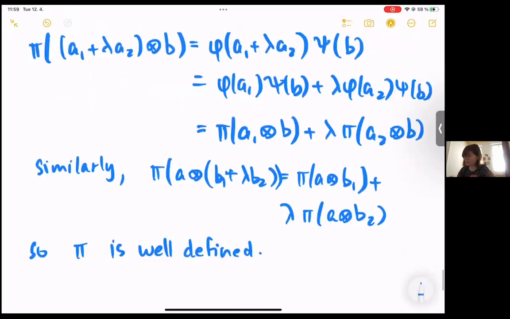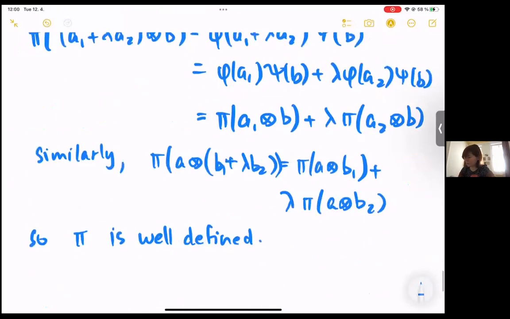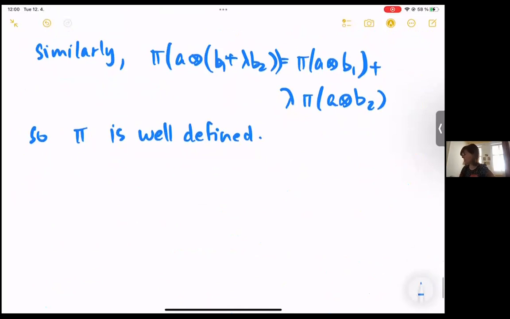I suppose one could also just say that we know that multiplication is bilinear. So that's essentially why this turns out to be well defined.